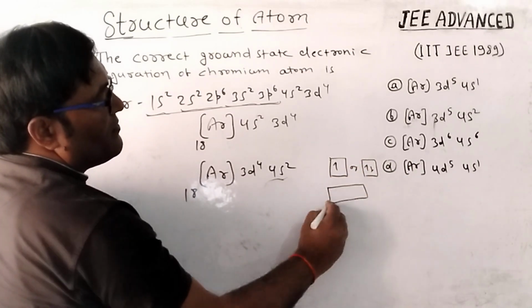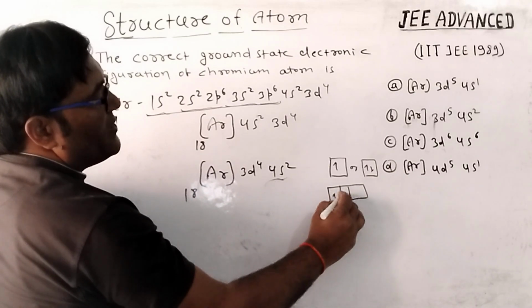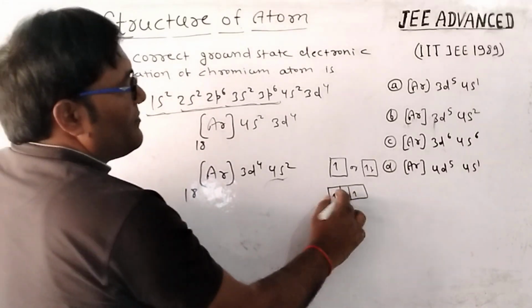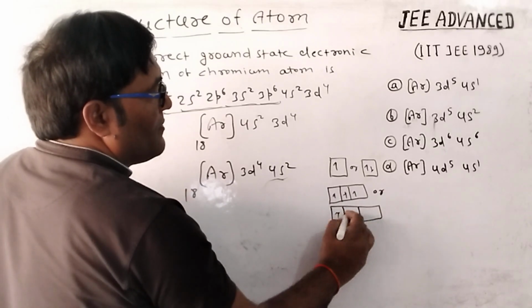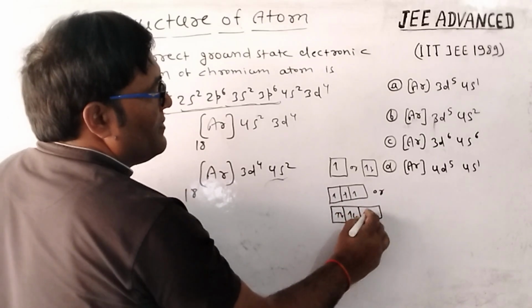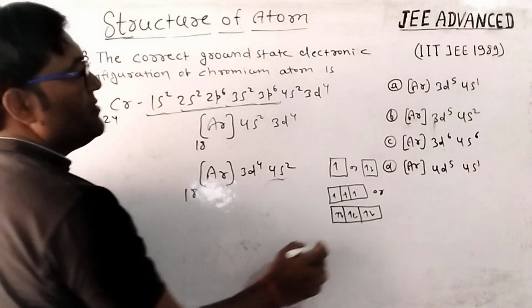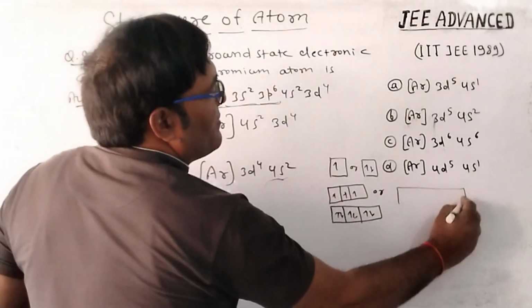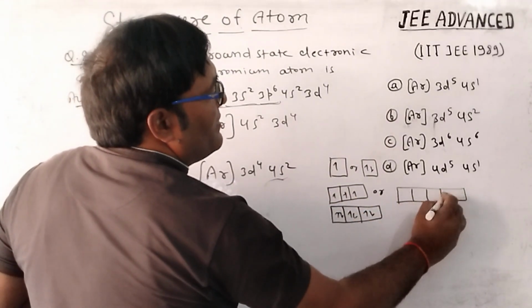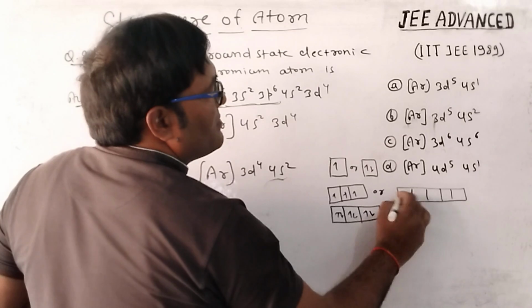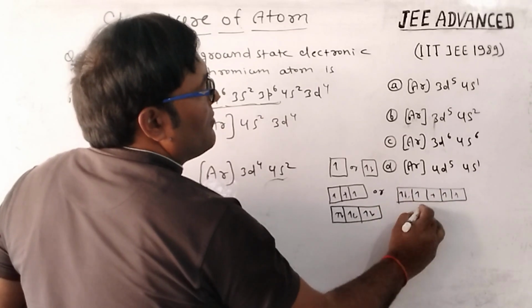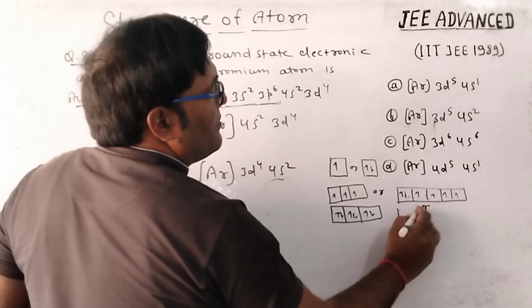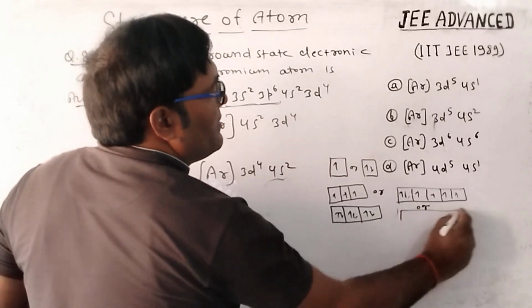In case of p, p is also stable in case of completely half filled or full filled. Now d is also stable whenever their orbitals are completely half filled or completely full filled. Okay.